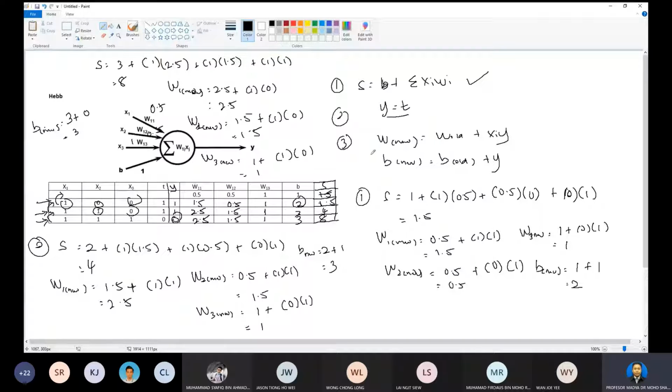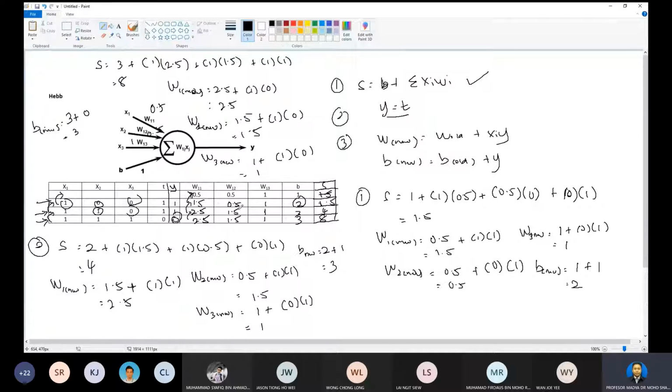The previous students were careless on this part. For the first iteration, you just follow the initial value for weight and bias. For the second iteration, you follow the first iteration. For the third iteration, you follow the second iteration for weight and bias.